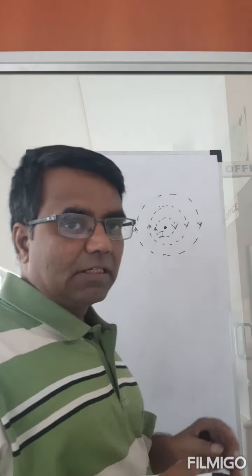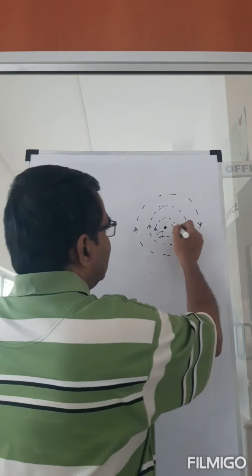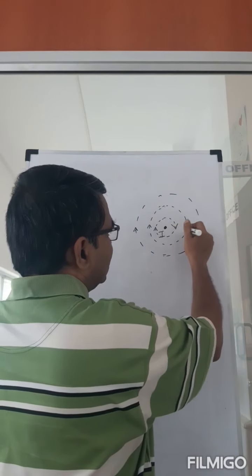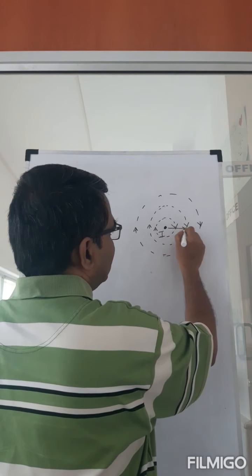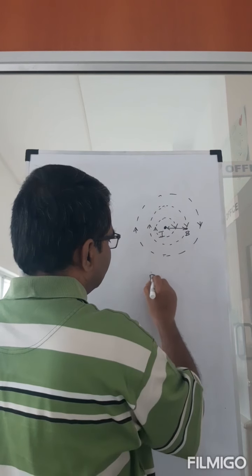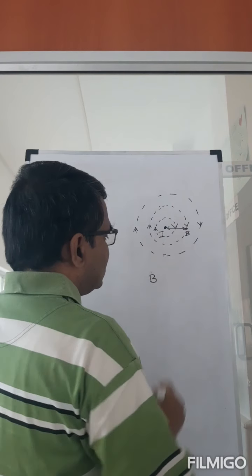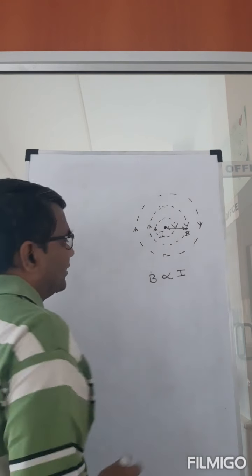Countless experiments have proved that the magnetic field, let me take a random point here, let's say. Magnetic field at this position, B, was proportional to the current flowing through the wire.